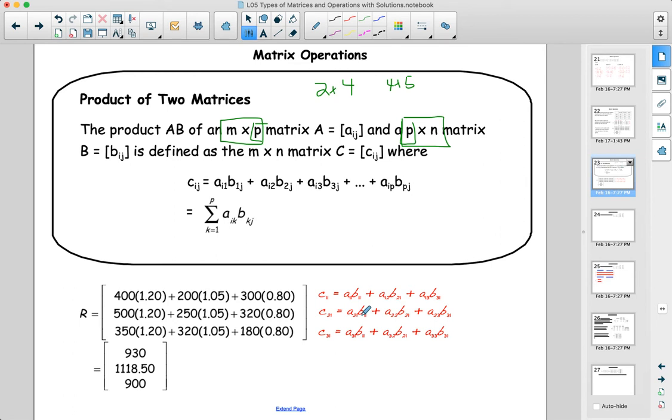That should be a 2 there. I thought I had a typo there, but I did not. So we are going to go A21. We're now going to multiply the second row. So this was the first row by the first column. This is going to be the second row by the first column. So A21, B11.